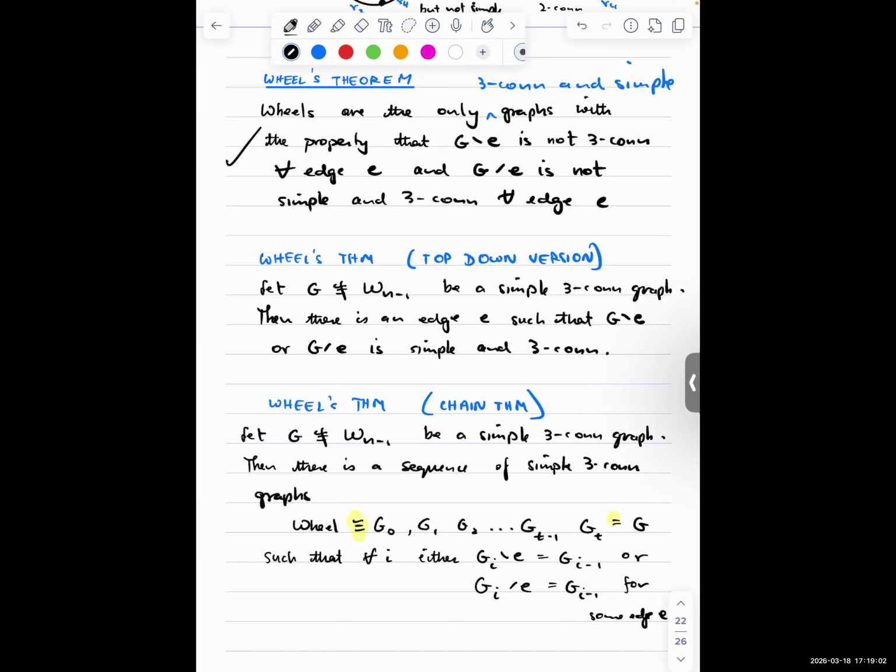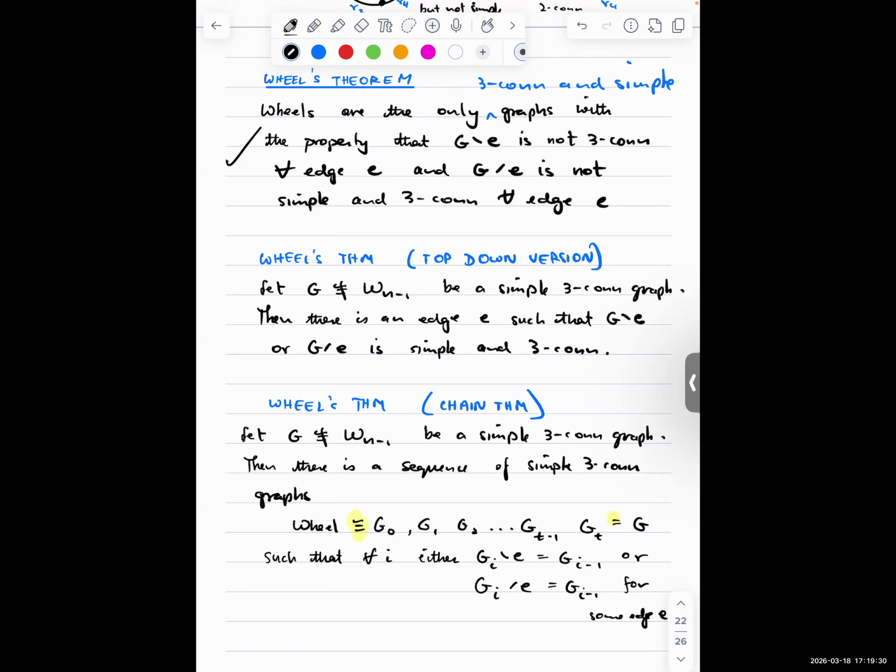That's the end of your chain. That's the only place you would stop. And we've already done the parts where all these graphs will have a W4 minor, because they'll all have W3, but then from W3 you can't go anywhere. So the next step is W4. All 3-connected graphs will start with W4.